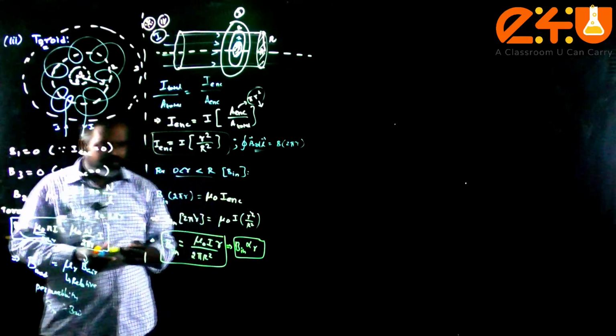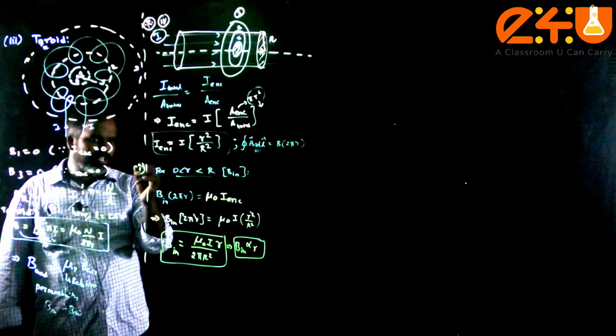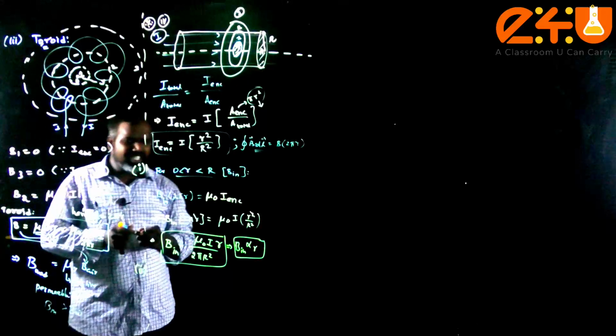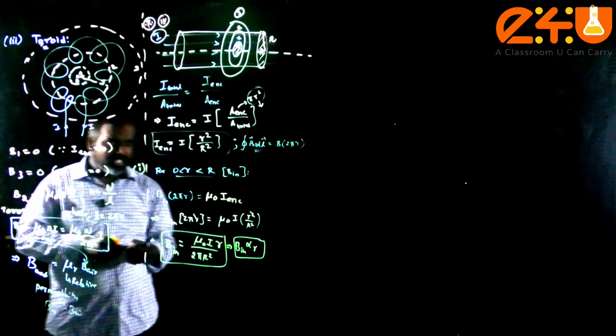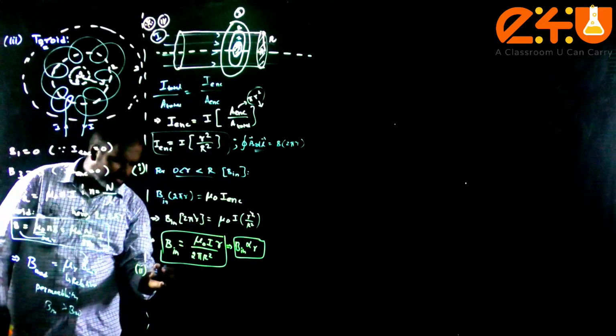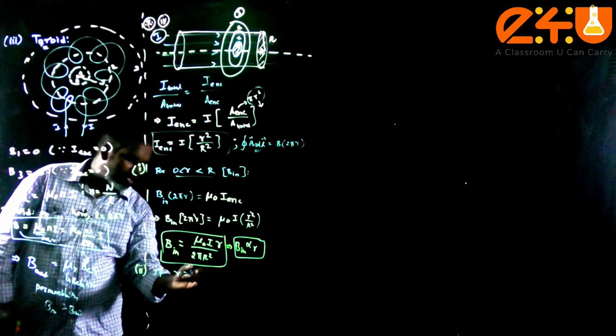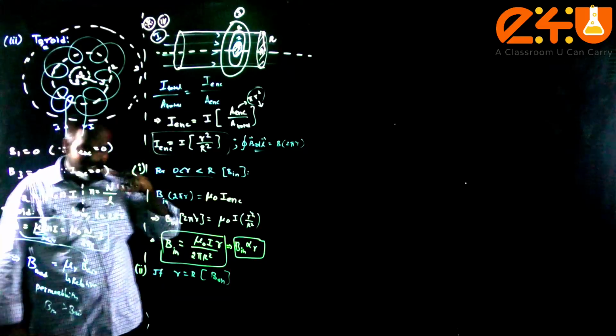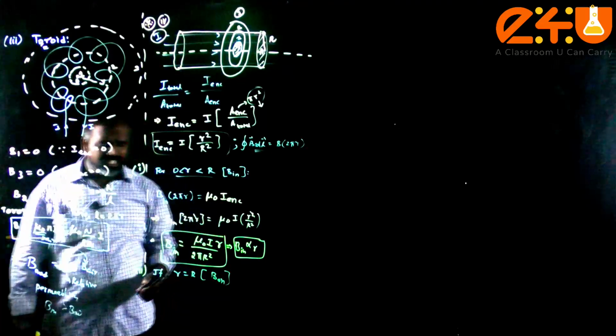Now this is case 1, and the second case is, suppose small r is equal to capital R. That is, we are measuring the magnetic field on the surface of the conductor.